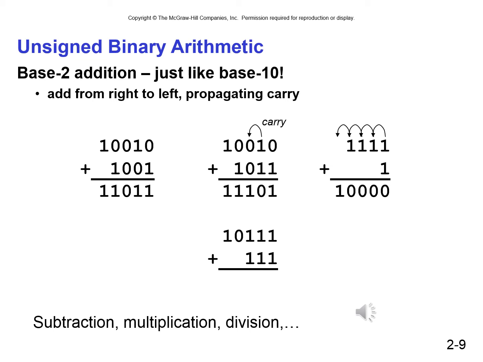So we've got 0 times 2 to the 0, 0 times 2 to the first, 0 times 2 to the second, 0 times 2 to the third, 1 times 2 to the fourth, which is 16.